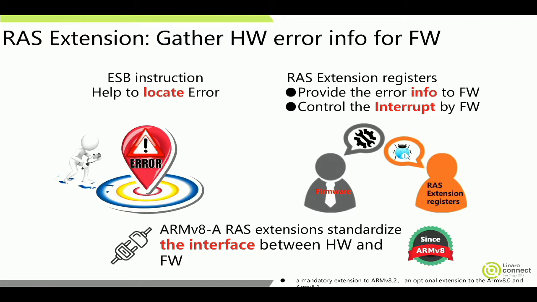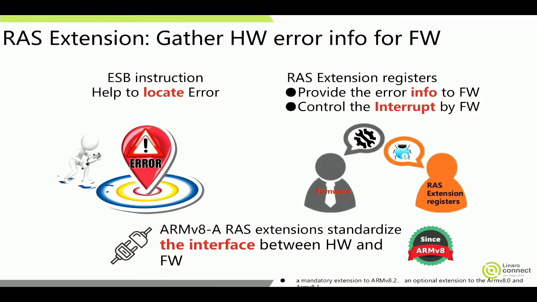Then the RAS extension registers can help you to control the interrupt, because every error will trigger an exception or interrupt. These registers help you to control the interrupt and also provide the error information. The registers do two things: provide info and control.